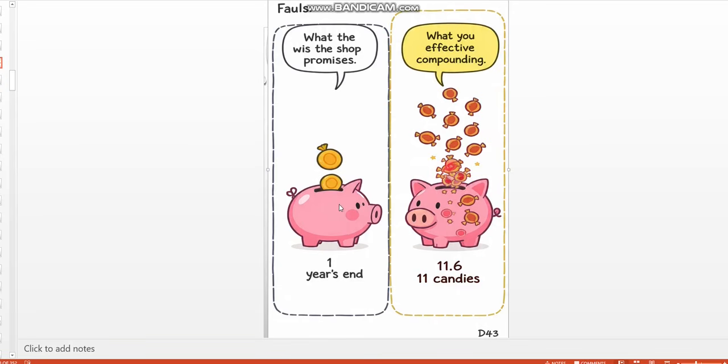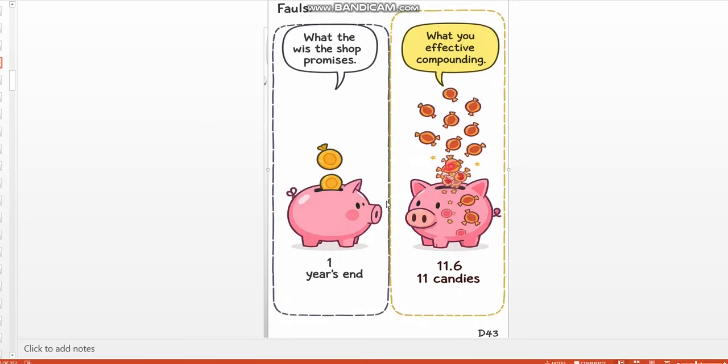For the nominal interest rate, you give a person those 10 sweets, and then after 1 year you will give back 11 sweets. It's one sweet being added on the nominal interest rate. But on the effective interest rate, it is a different story.